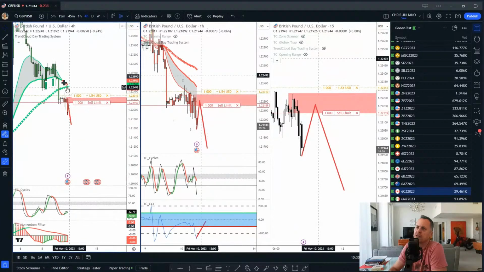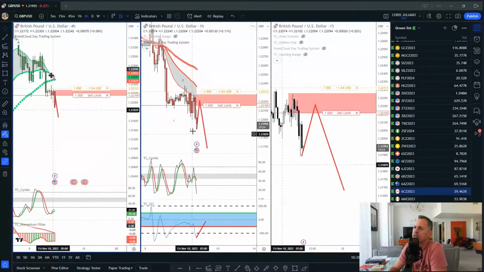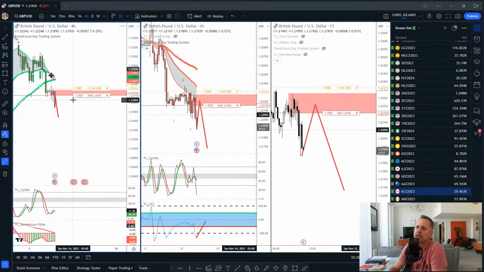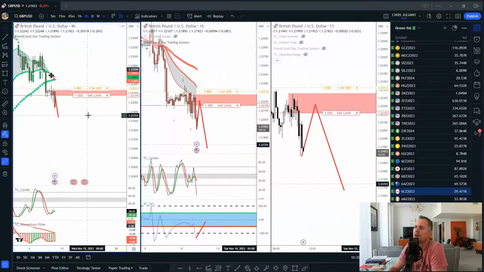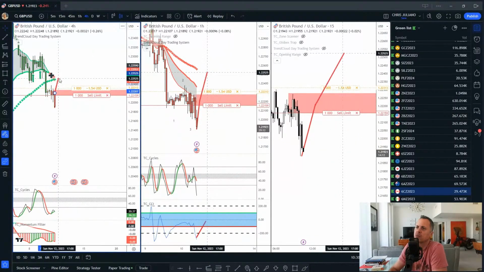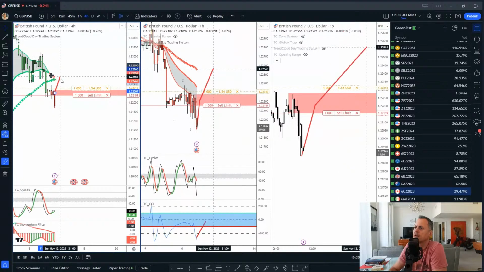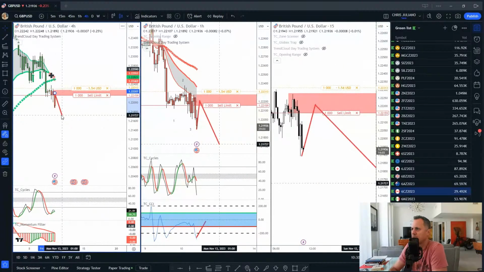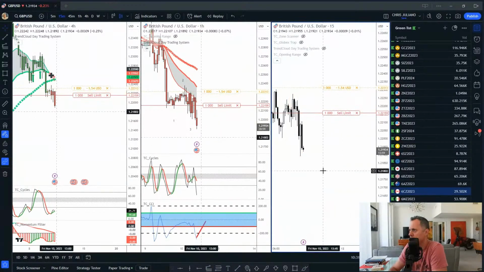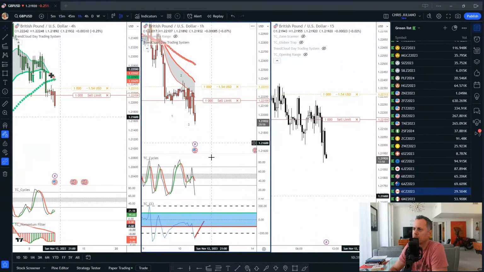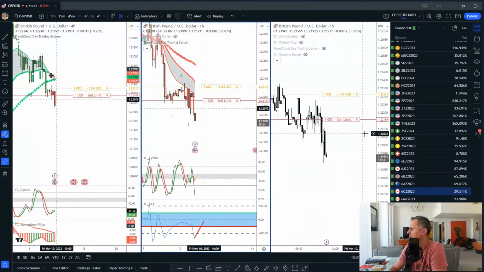So it would be nice to see a little more of a move down, so that we get that full trend cloud 4-hour downtrend going. Otherwise, we might pull back. We might have a deep pullback on this thing, and that'll mess everything up for us. But yeah, definitely you can take a chance on that for sure. A lot of movement to the downside, very strong to the downside there.